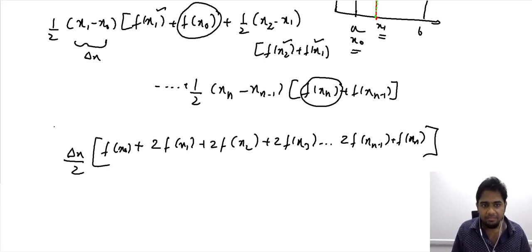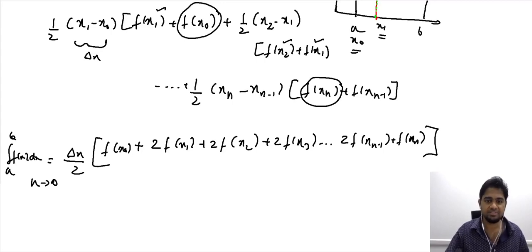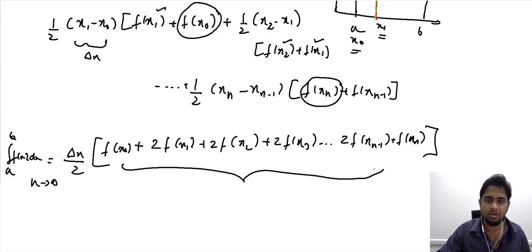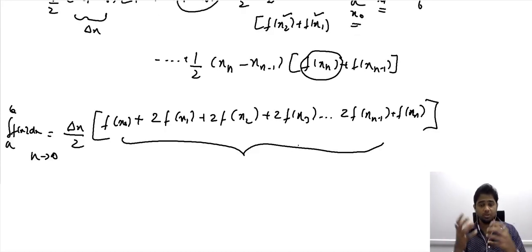Again, when n tends to infinity, we would have approximated the integration between a and b for the function f of x dx. So this is how the approximation scheme looks when we replace the rectangle with a trapezoid.